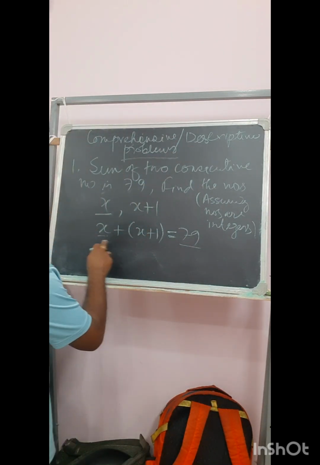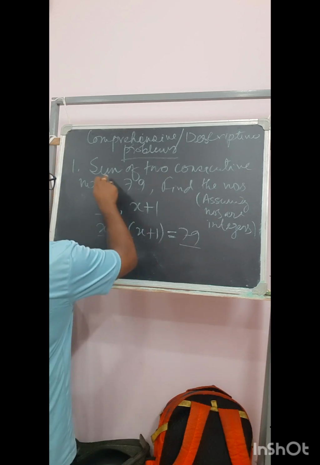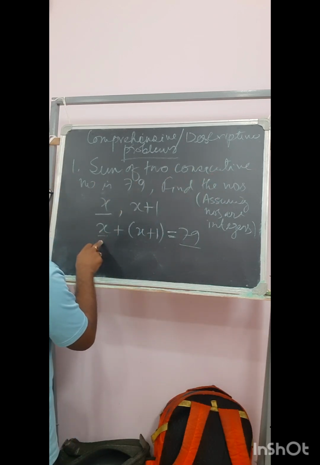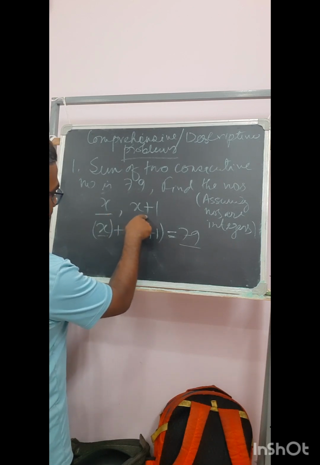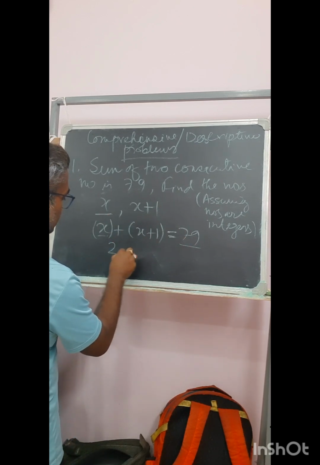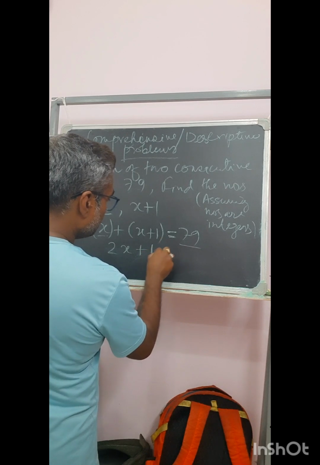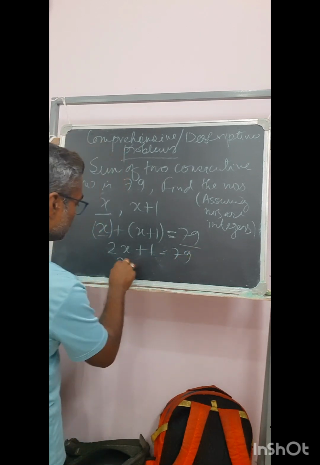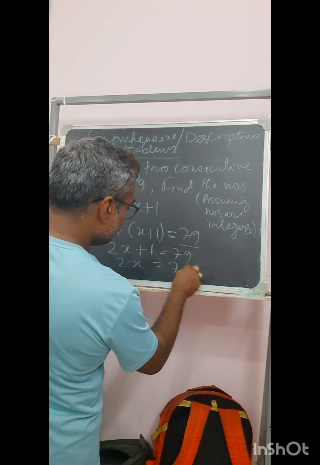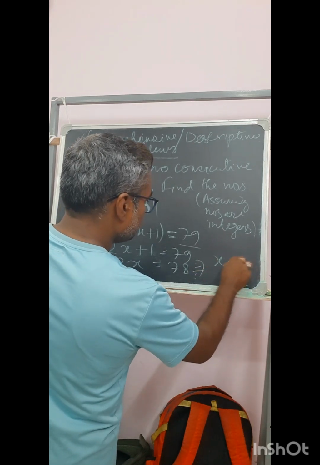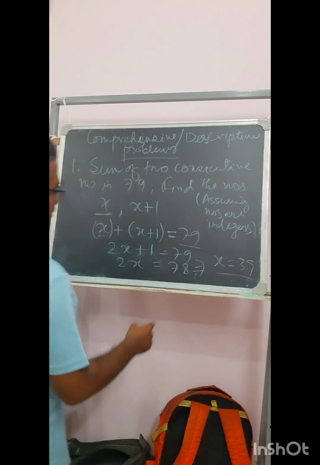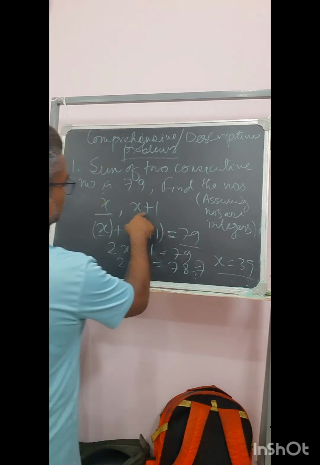For this case, the problem says the sum of two consecutive numbers, so I have taken the condition: one number x, the other x plus 1. Now if I solve it, I will get 2x is equal to 78. It implies x is equal to 39. So one number is 39, the next number is 40.